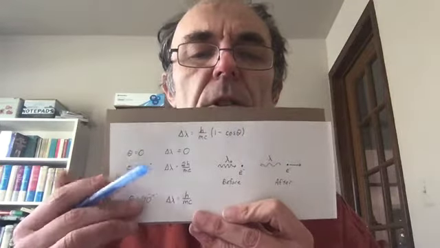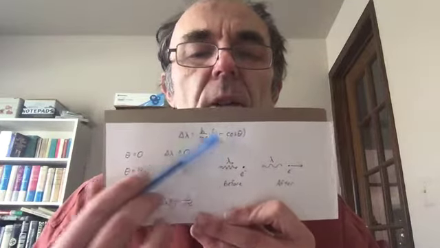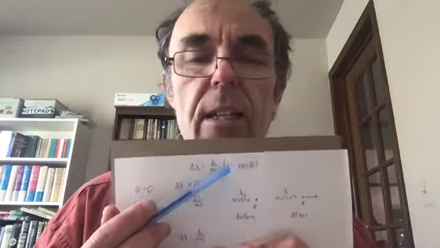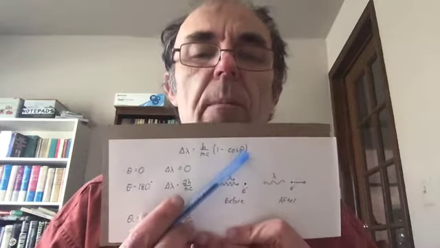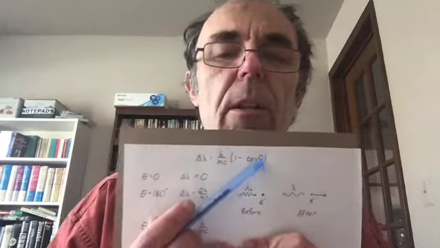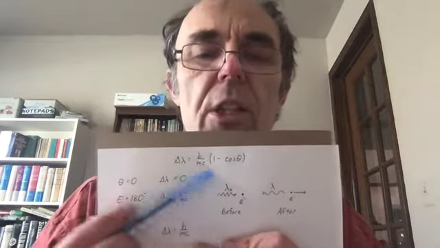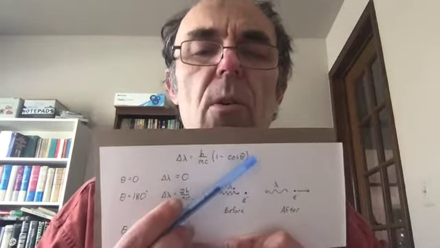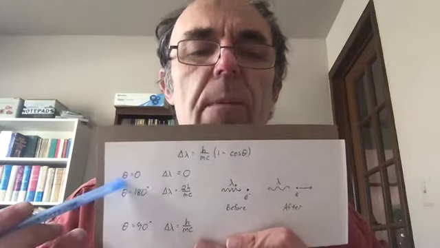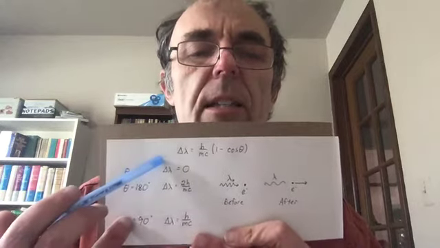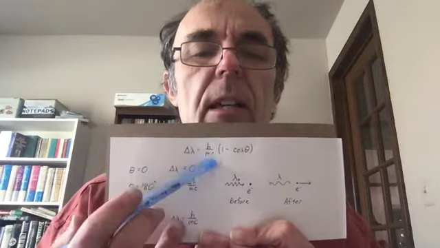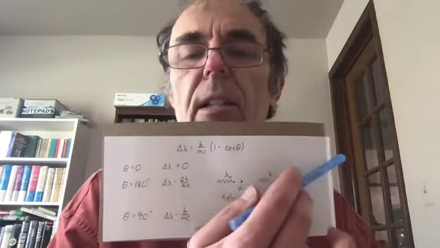When you have a complicated equation like this, it's useful to look at some special cases, and that's what we're going to do again. Remember, equations aren't just something you take and put numbers into to get other numbers. Equations tell a story. Let's look at what story this says. First of all, what happens if theta is 0? Theta is 0 would be the photon comes in and it just goes out the other side.